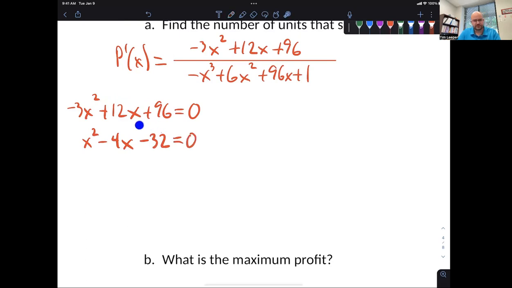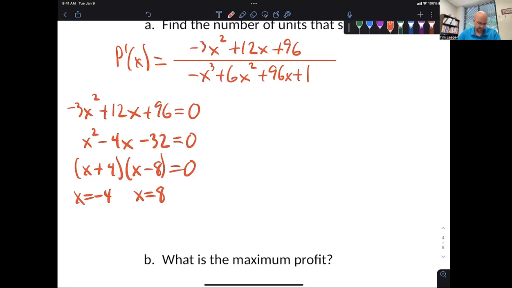Anything multiplied to 32 and have a difference of 4? Yes, 8 and 4. So the factorization of this would be X plus 4 and X minus 8. That gives me X equals negative 4 and X equals positive 8. Good. Now, notice that negative 4 is not in our domain, so I don't need to worry about it. 8, however, is. So it is, in fact, a critical number.